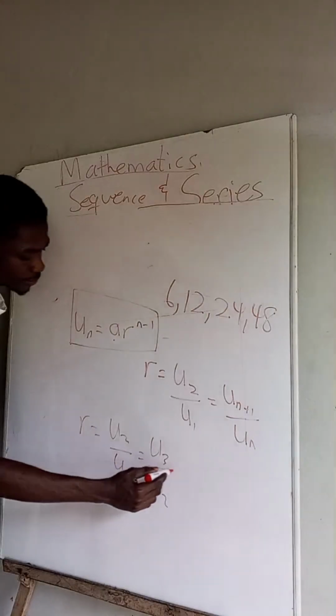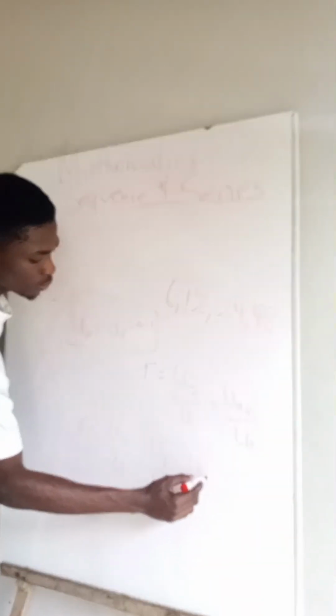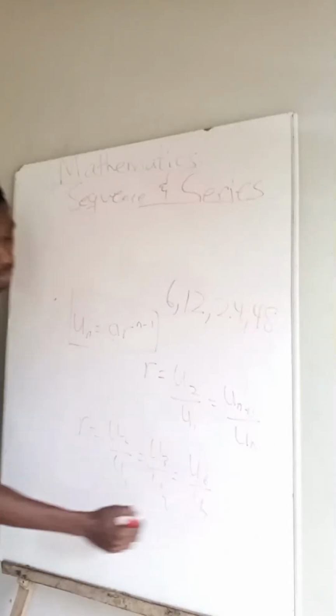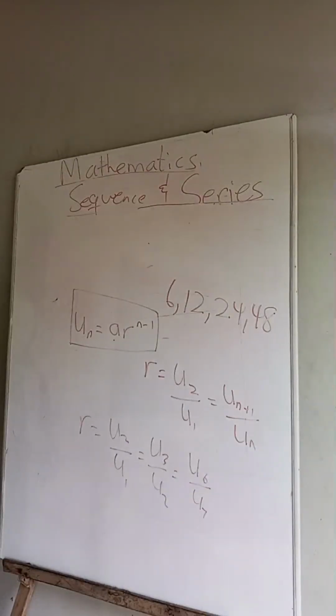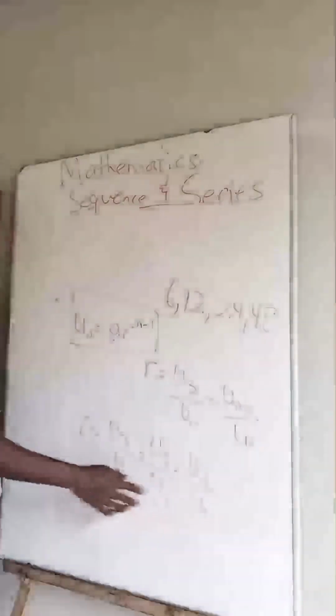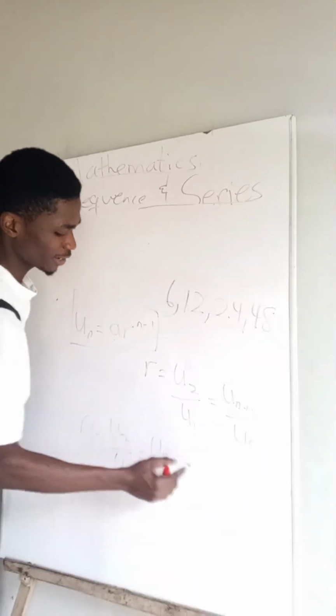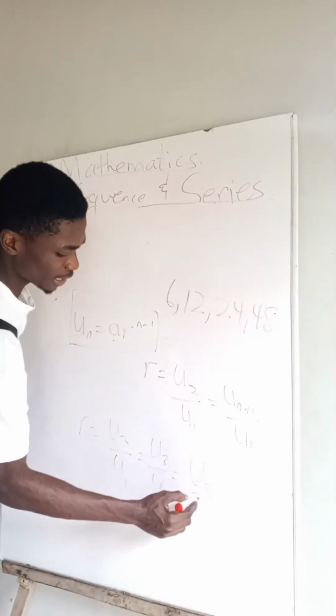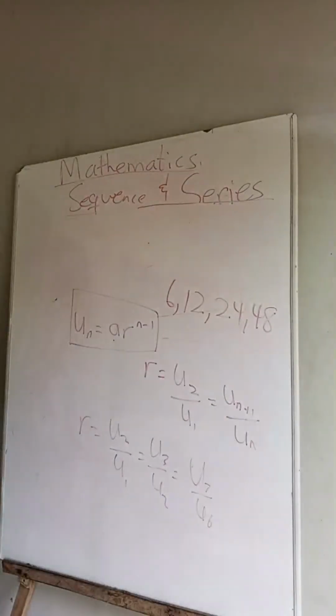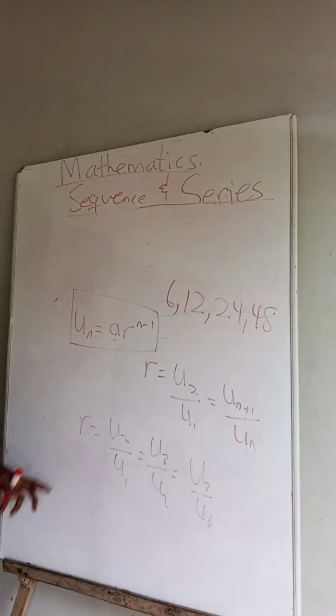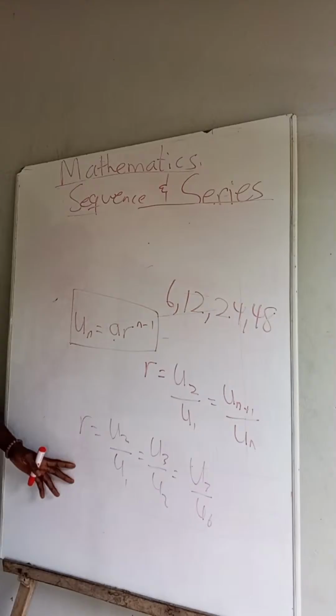Is it the same as u6 out of u7? No. It's rather u7 out of u6. So that's the common ratio for you.